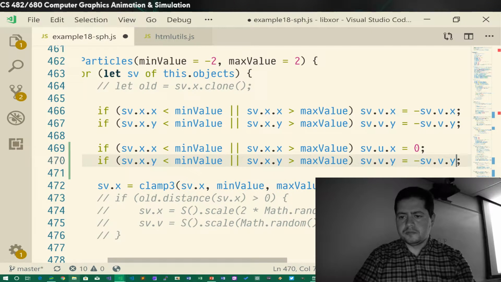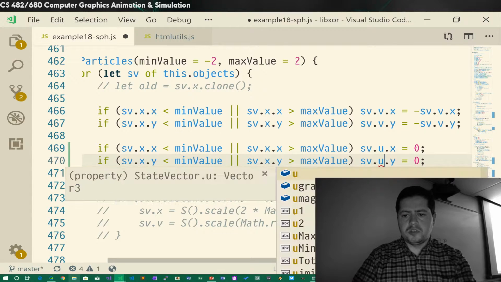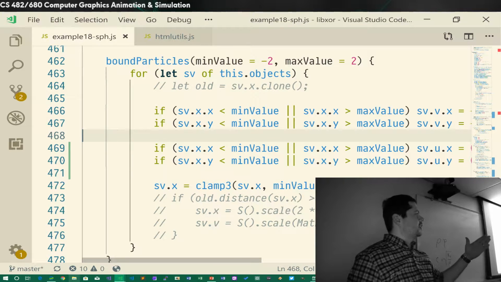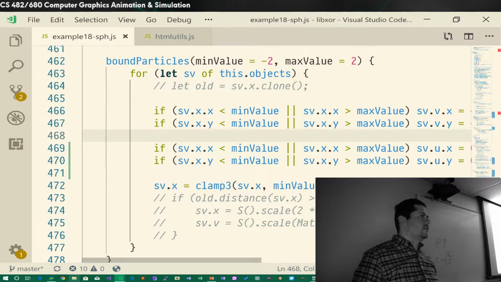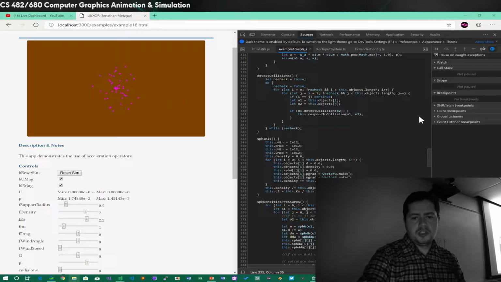What do you think? In other words, technically if it's not moving left, it should never move left, and if it's not moving right, then it should not move right.